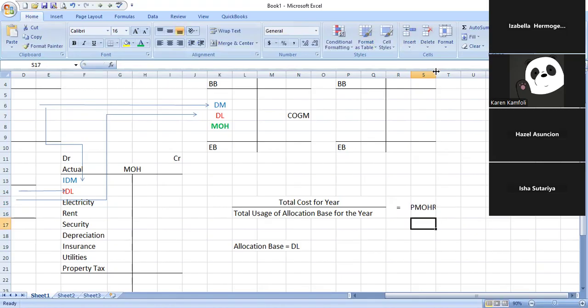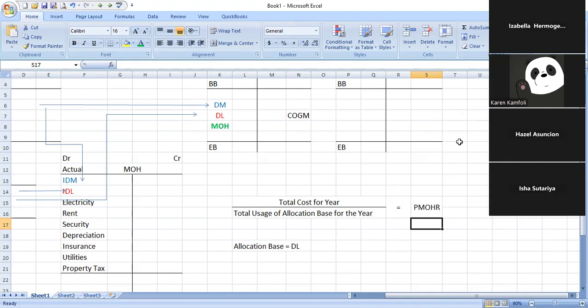Why predetermined? Because we're determining this before the year starts. So we determine it ahead. And that will be a number, usually a dollar amount, because we have cost in the numerator and a number in the denominator. So we come up with the dollar amount for the predetermined manufacturing overhead.